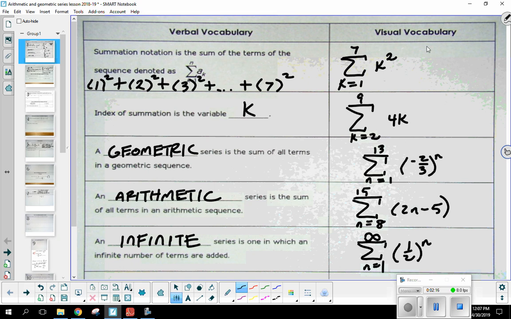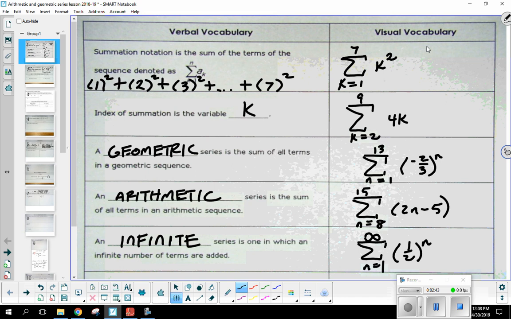The bottom number tells you what term you want to start at. The top number tells you what term you want to end at. So like that example there, I would like to add the first 7 terms of the sequence. The formula to get the terms is k squared. So I plugged in 1 squared plus 2 squared plus 3 squared, dot, dot, dot, all the way to 7 squared.